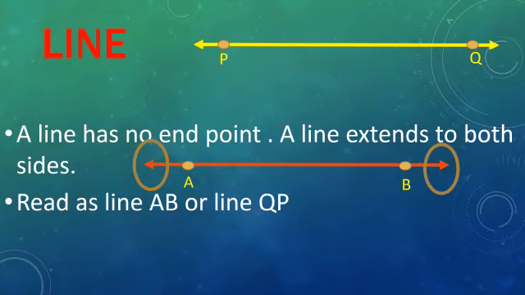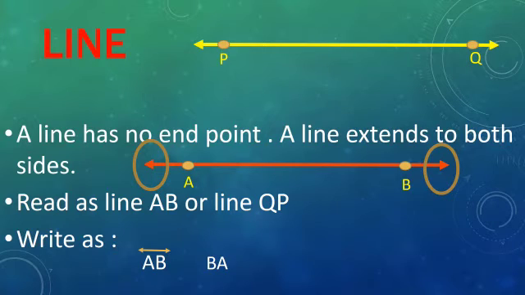AB or PQ. PQ with a line drawn above it, or QP. Any name you can write, like BA or AB also. Write as AB with a small line diagram above it. Okay, and BA also, with the line's shape.